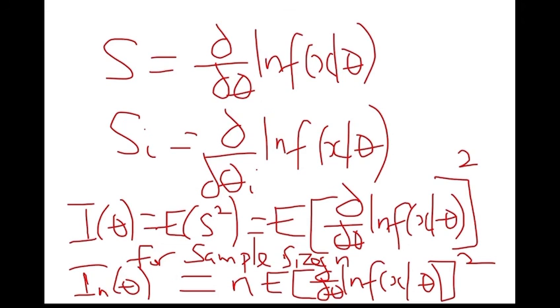And the more the Fisher information, the more the sensitivity, because the score function is talking about the change in the underlying probability distribution when the parameter changes. So the larger the sensitivity of f(x|θ) to changes in θ, the larger the information. This is going to prepare us a ground for the Cramér-Rao lower bound. Watch that in the next video.